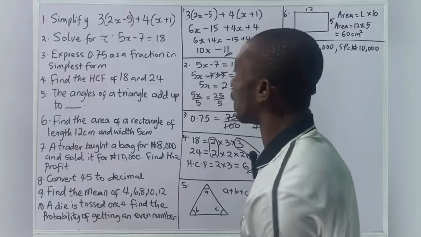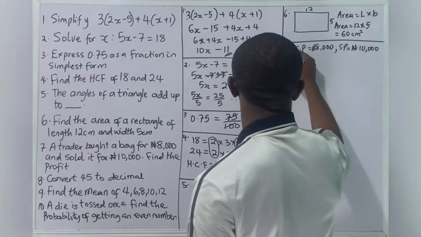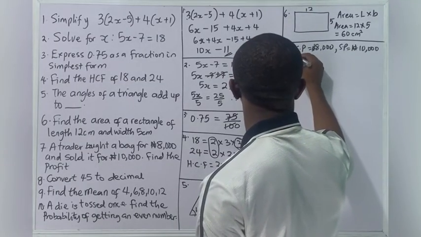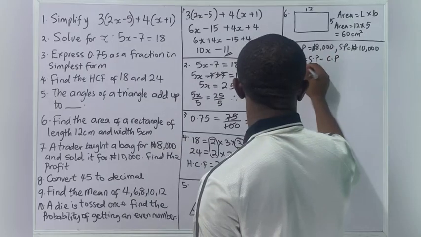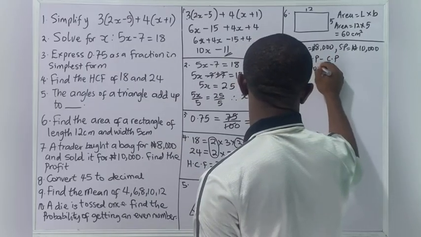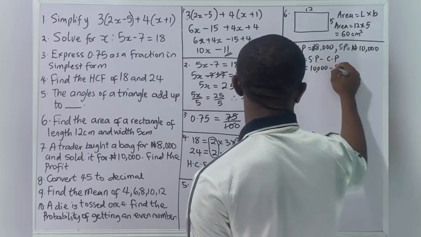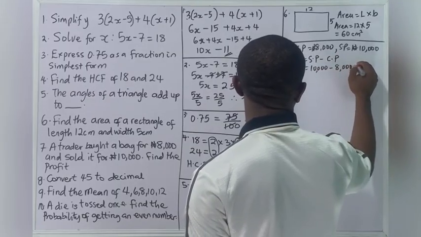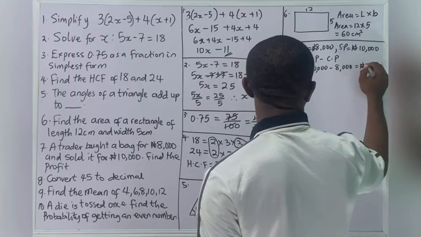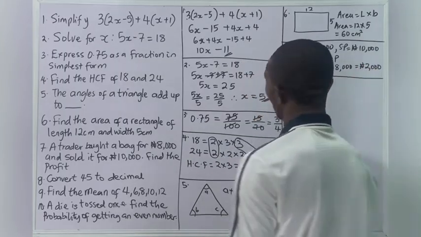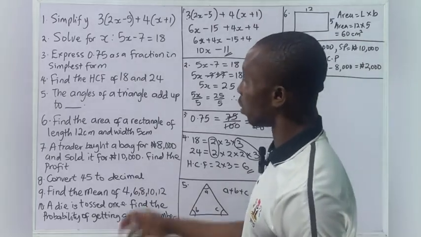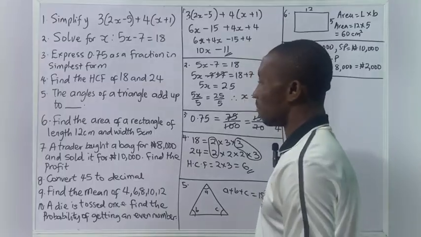Now we should find the profit, and we know that profit or gain equals selling price minus cost price, which is 10,000 minus 8,000 to give us 2,000 naira. So the profit he made from the bag was 2,000 naira.